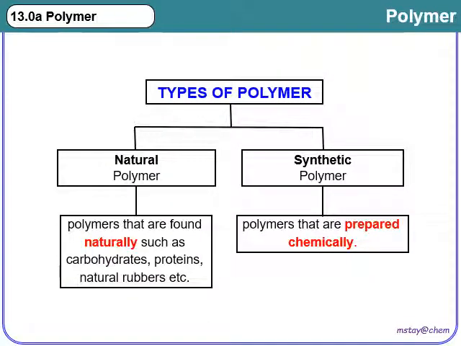Okay, there are a few ways that we can classify polymers. The first type is natural polymer and synthetic polymer. A natural polymer is obtained naturally. Examples are carbohydrates, proteins, and natural rubber. However, a synthetic polymer is one that we prepare chemically.